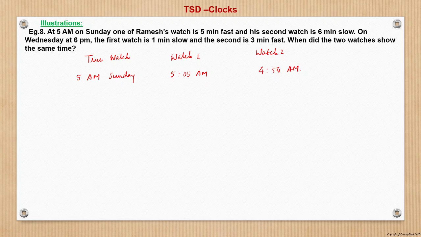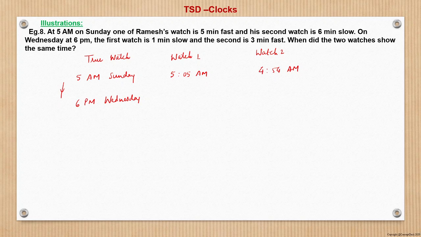On Wednesday at 6 p.m., when the true watch would be showing 6 p.m. Wednesday, what is the time elapsed? From 5 a.m. Sunday to 5 a.m. Wednesday, it would have been 72 hours, but it's 6 p.m., so that is an additional 13 hours.